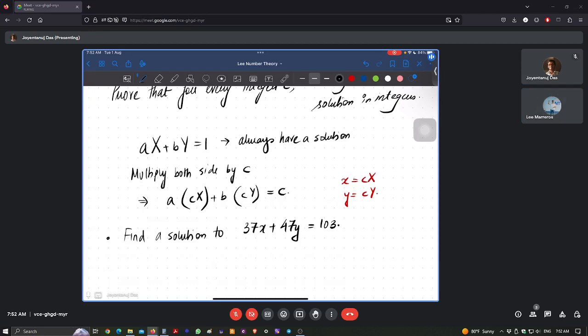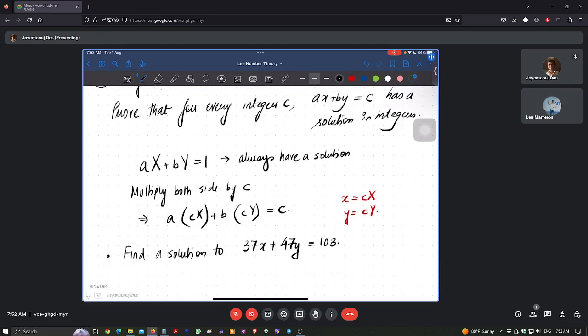Yes. So what I'm saying is, if I consider this equation, ax plus by equals 1, these always have a solution, right? Yeah, that I know. So suppose the solution is capital X and capital Y. Then this is how it looks: a times X plus b times Y equals 1.